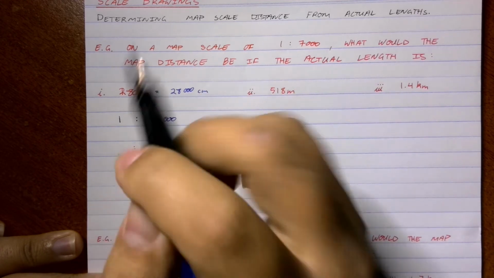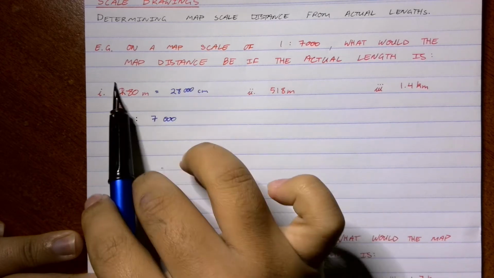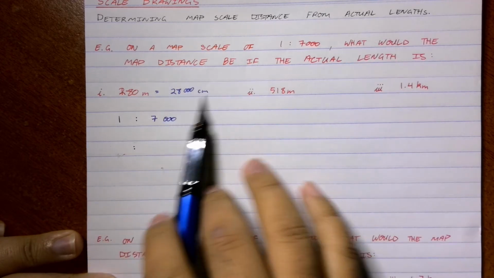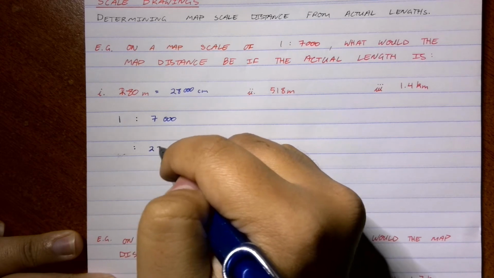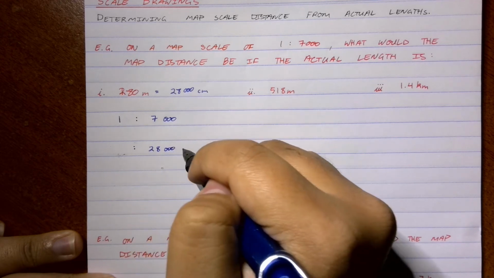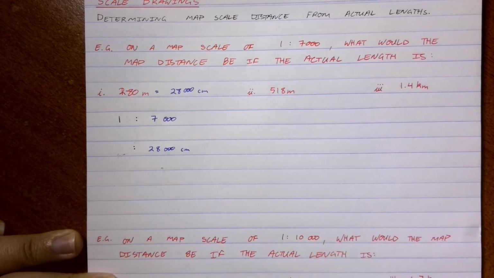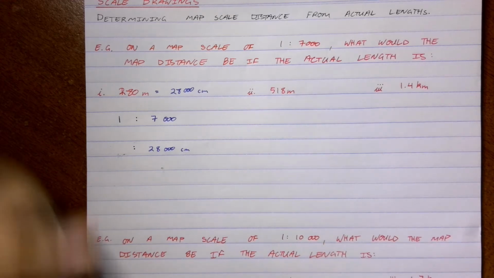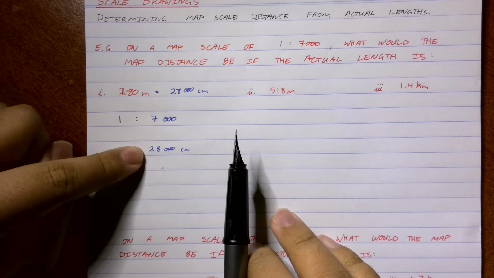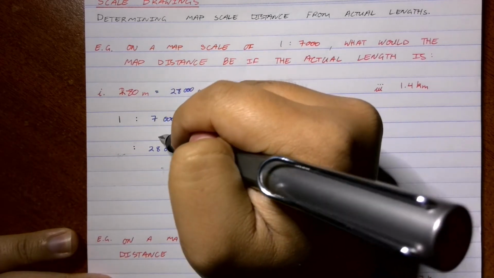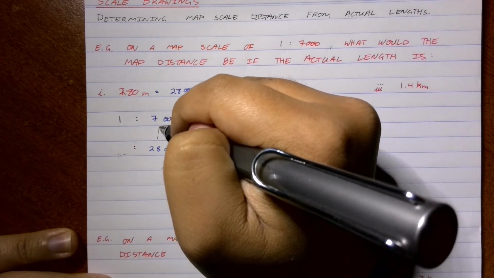Since we are given the actual distance, the actual distance is 28,000 centimeters. Okay. What number do we need to get from 7,000 to 28,000? We can determine this by dividing this way.